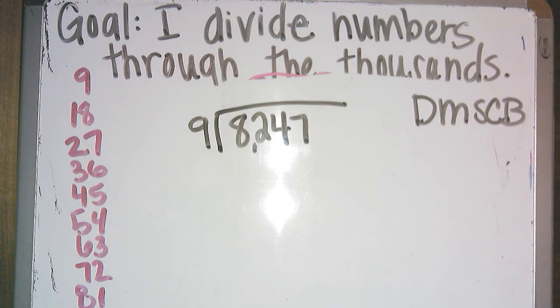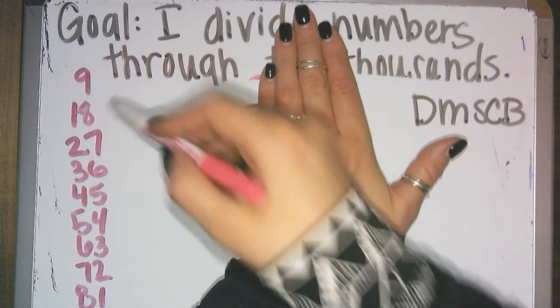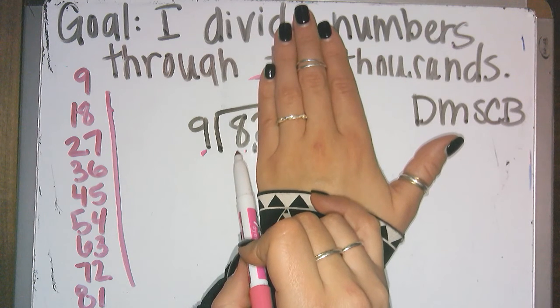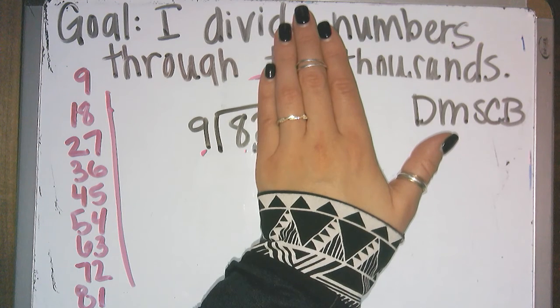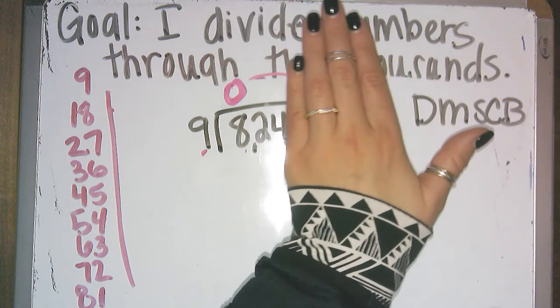So now I need to go digit by digit. 8 divided by 9. I need to look at my row over here and find the number closest to 8 without going over. Well, I'm noticing that my first number is 9. So I can't do that. So I need to put a big old 0 right here. And I need to move on over.